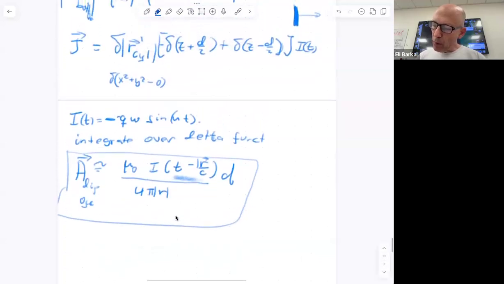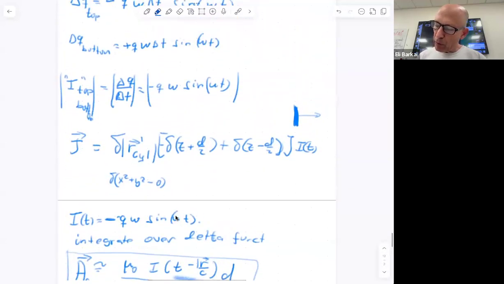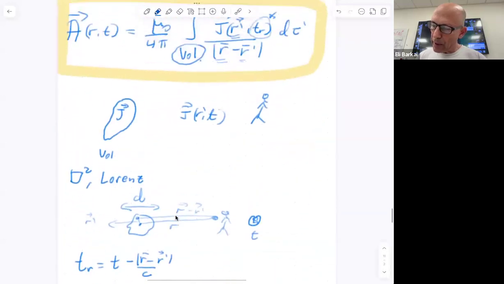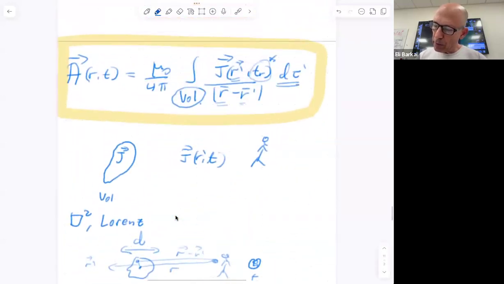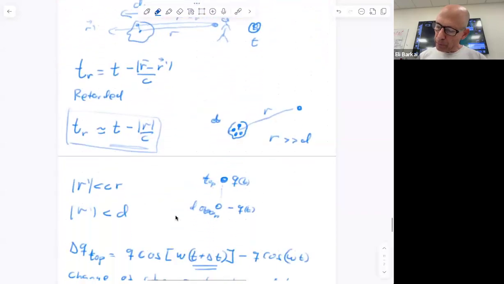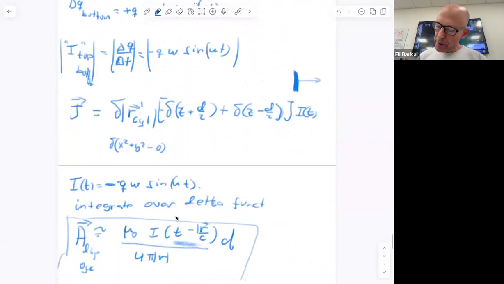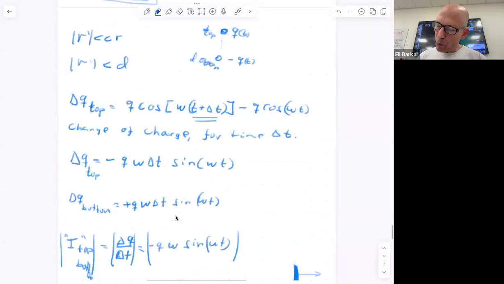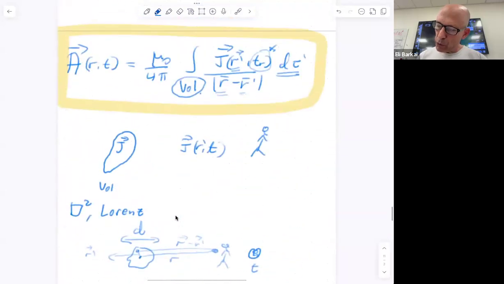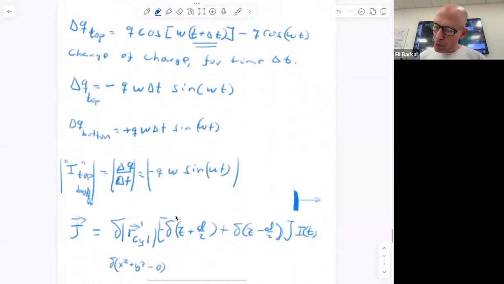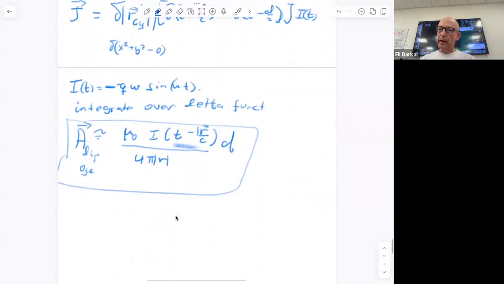Where did I get the d from? I got the d from the integration over all space that is done here, this integration. I get this d, and mu0 over 4 pi, of course, comes from the usual thing. So this is what you finally get by a simple integration.